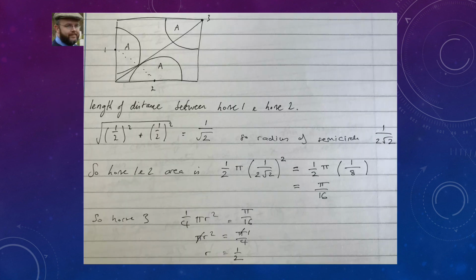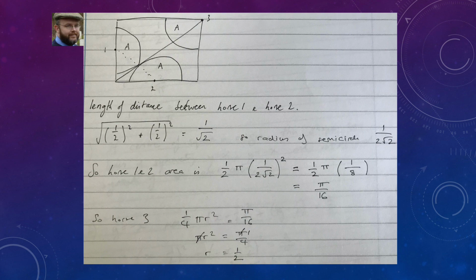I'll concentrate first of all, as you can see in my diagram, on horse 1 and horse 2. They're not allowed to overlap, so they can be tangential, can't they? If I put the 2 semicircles as I position them there, and I know using my Cartesian coordinates, the length between them directly is going to be 1 over root 2. So half of that will be the radius of the 2 semicircles, which will be 1 over 2 root 2.